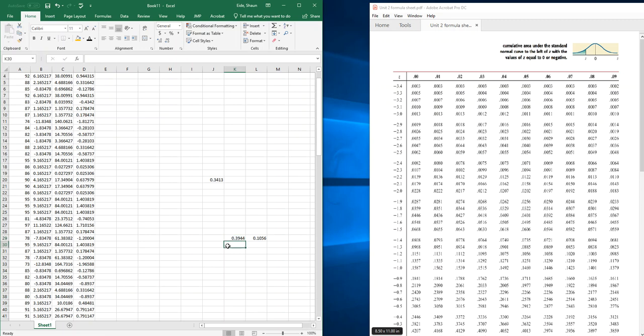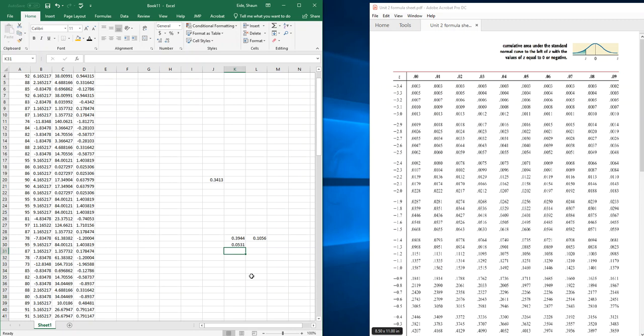So you just need to do 39.44 minus 34.13, and the probability of having a z-score between 1 and 1.25 is 0.0531, or about a 5% probability.